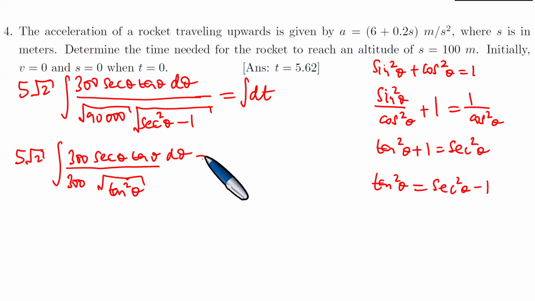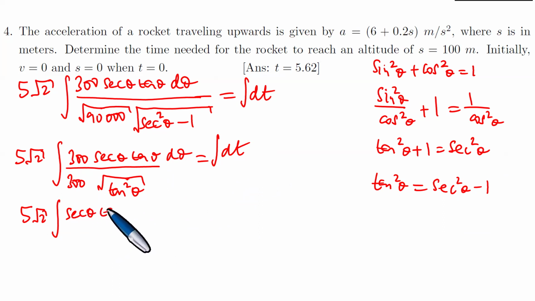Okay? And then this is equal to the integral of dt. 5 the square root of 2. Okay, 300 cancels, and therefore you have the secant of theta tan theta. The square root of the tangent squared is the same as just the tangent.